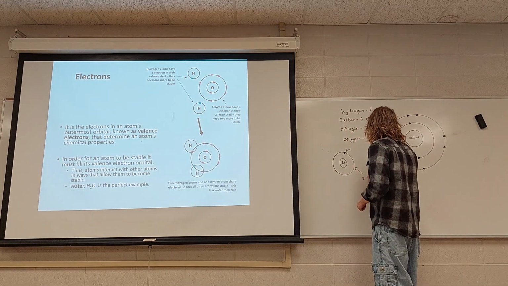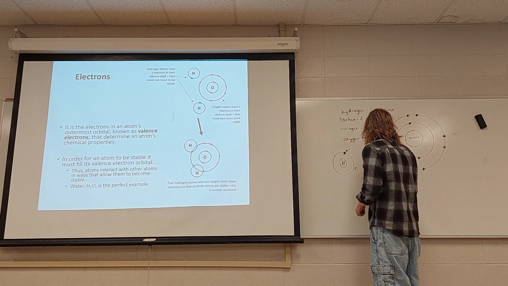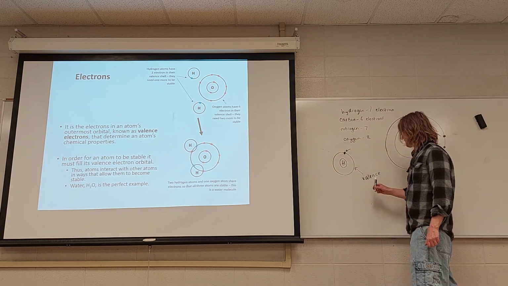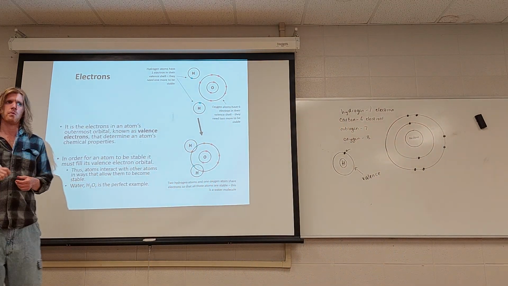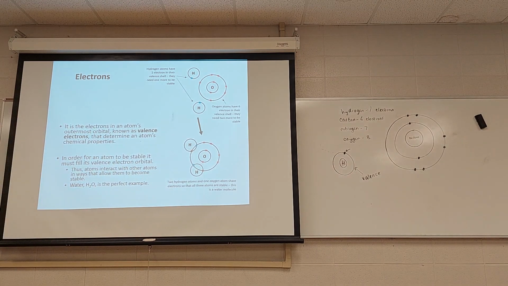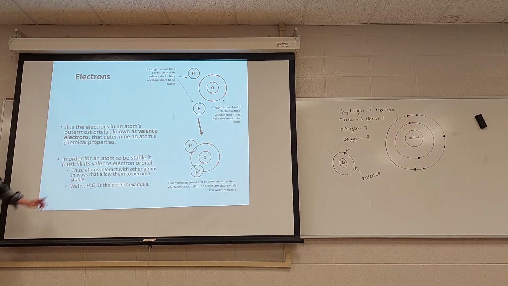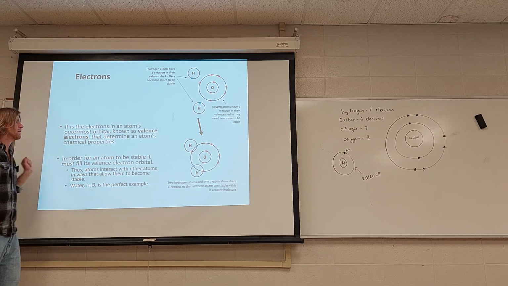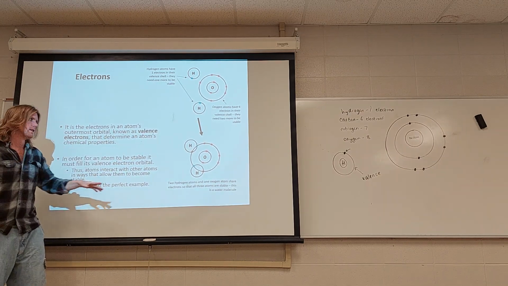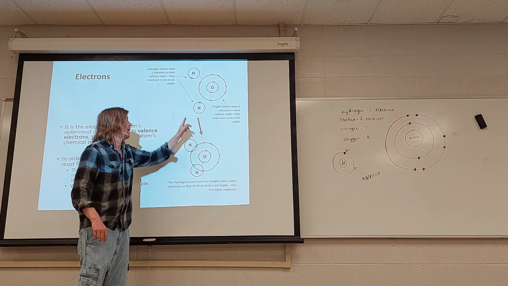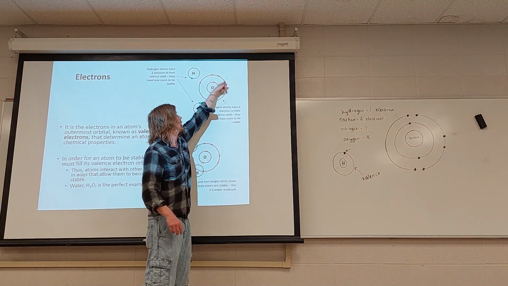The outermost orbital that a particular atom has is called the valence orbital, and the electrons within it are called the valence electrons. So the valence electrons are the electrons in the outermost orbital. For oxygen, it's this second one.